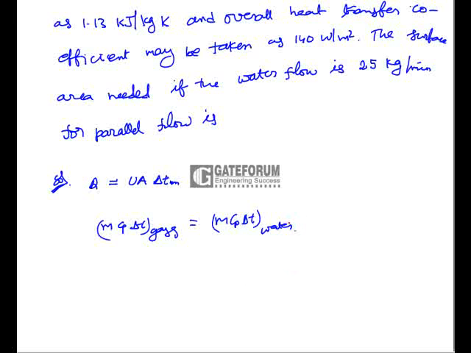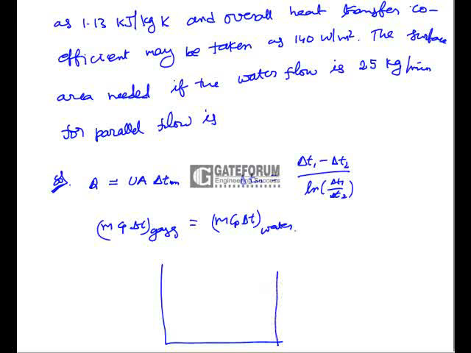The logarithmic mean temperature difference is nothing but (ΔT1 minus ΔT2) divided by ln of (ΔT1 by ΔT2). Here ΔT1 is the initial temperature difference of cooling water and exhaust gases, and ΔT2 is the temperature difference at the exit. In the case of a parallel flow heat exchanger, let us say exhaust gas enters at 450 degrees centigrade and leaves at 150 degrees centigrade.